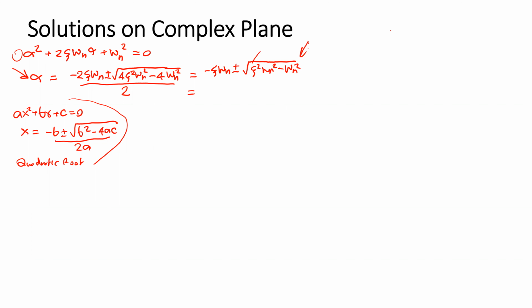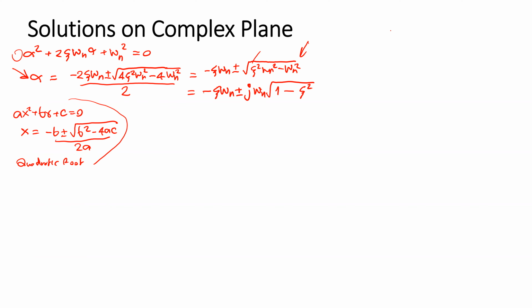So another useful way is to prepare this root in the form of the complex j or i, and bring the omega n outside, and inside is only 1 minus the damping ratio squared.